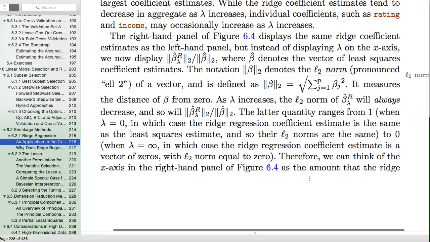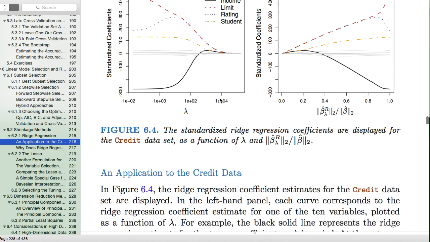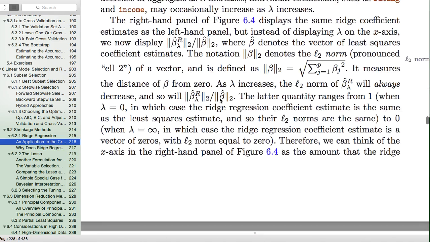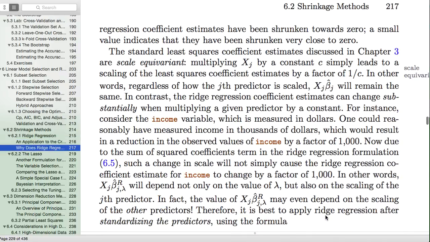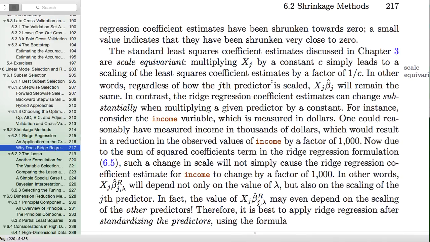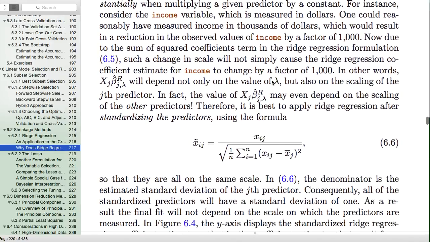We can think of the x-axis as the amount that the ridge regression coefficient estimates have been shrunk towards zero. A small value indicates they've been shrunk very close to zero by increasing lambda.